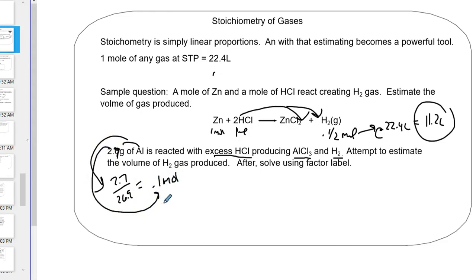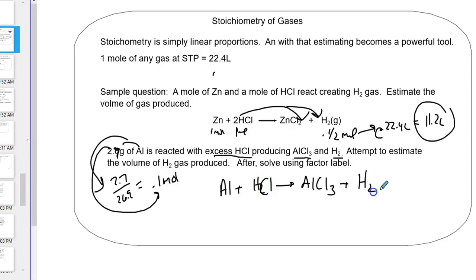Now I know that I have this aluminum, so Al plus HCl will give me AlCl3 plus H2. Sorry about that.